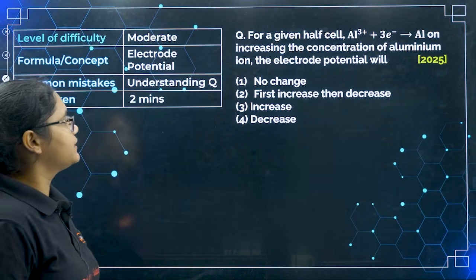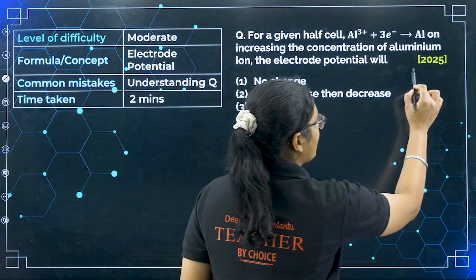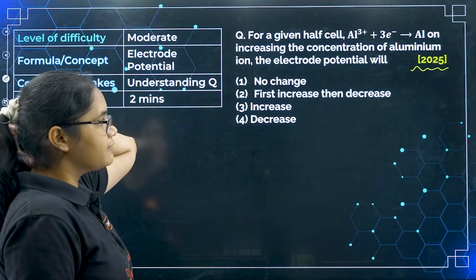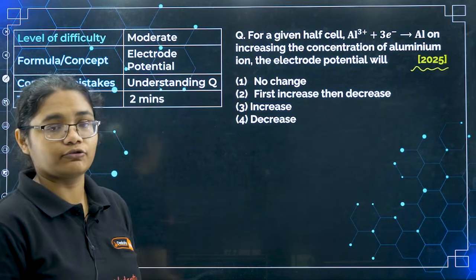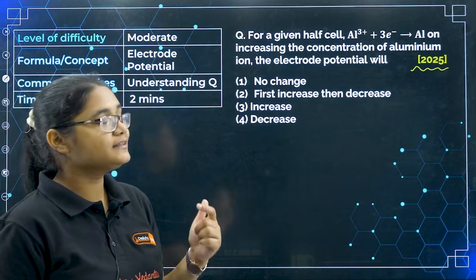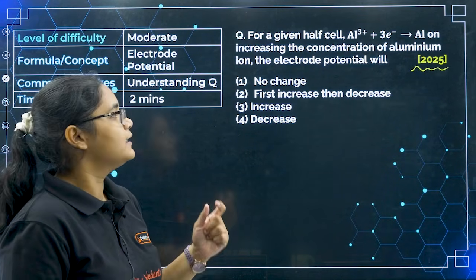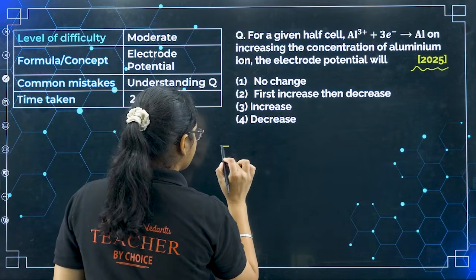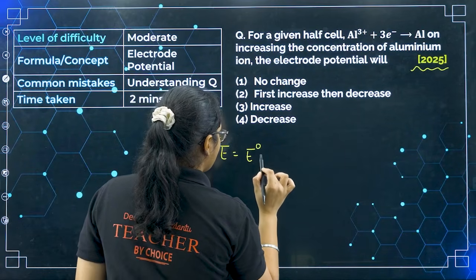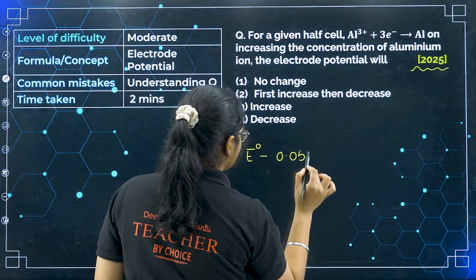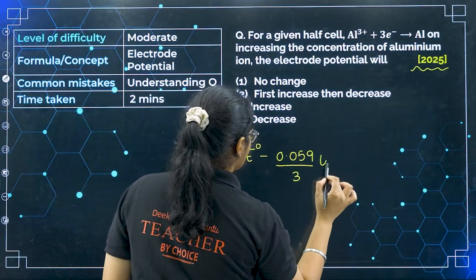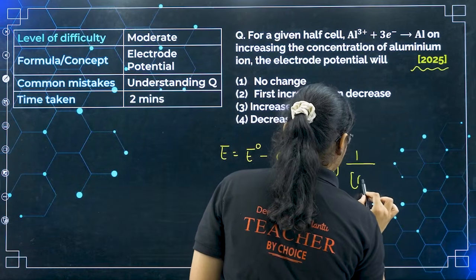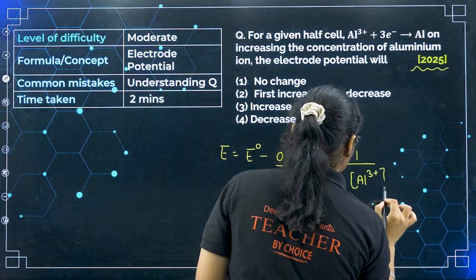Now let's move to the next question. This is also a 2025 question, a recent paper question this year. For a given half cell Al3 plus plus 3 electrons gives aluminium, on increasing the concentration of aluminium ion, the electrode potential will. So just now we have discussed what the E of this one will be. We have E naught minus 0.059 by 3 log of 1 by Al3 plus, right?